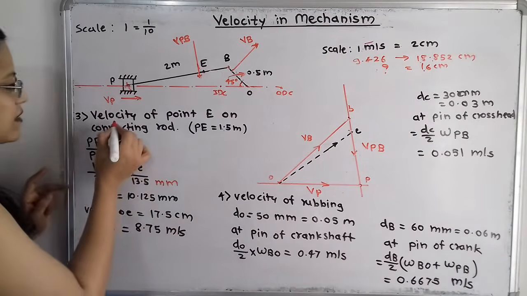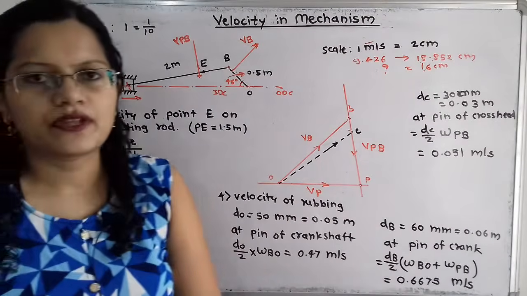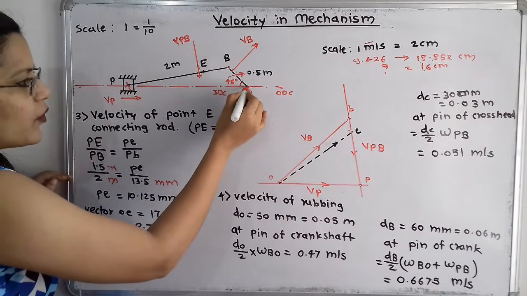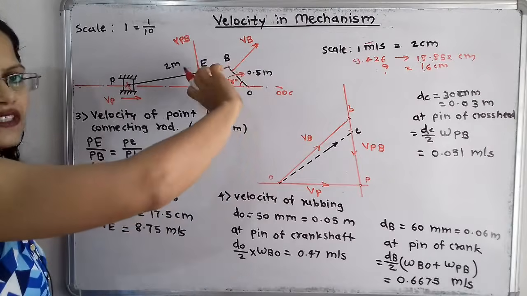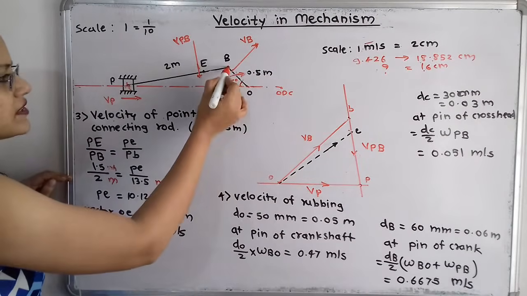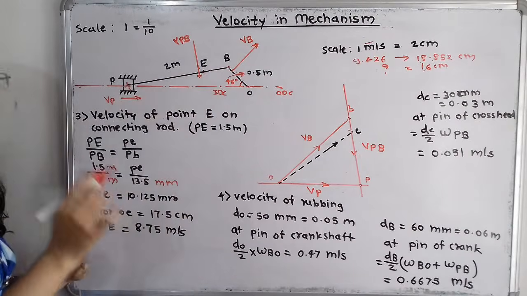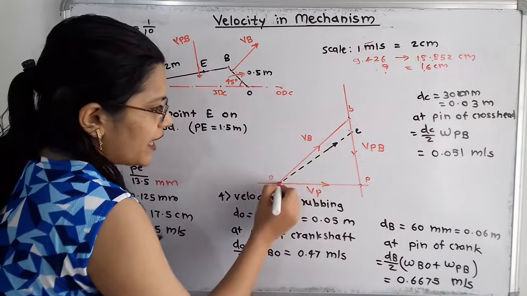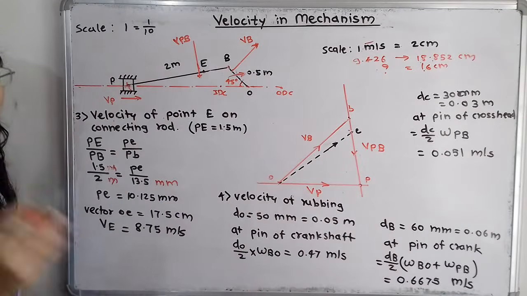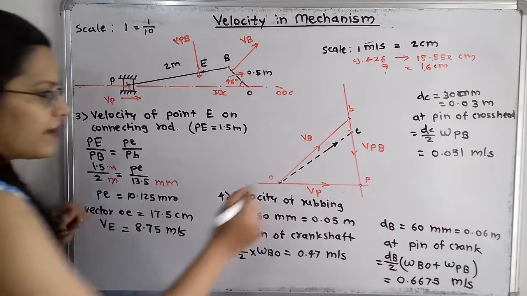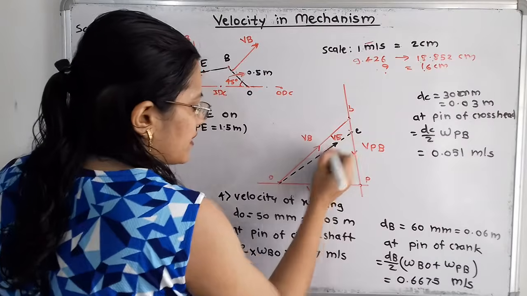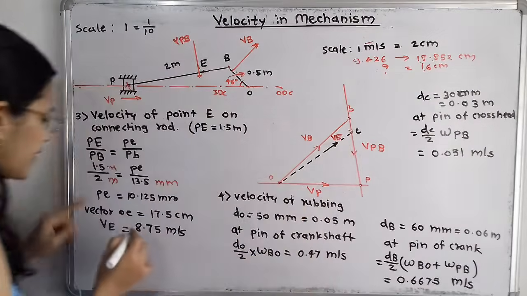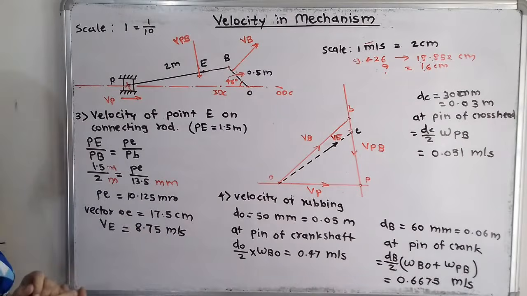Now the question is the velocity of the point E. This point E is on the connecting rod, but the point O is fixed, about which the crank is rotated, which is connected to this connecting rod. So we have to join this point O to E, and this vector will represent the velocity of this point E. So I will say this vector is VE, and the direction is from O towards E. If we measure this vector OE, it is 17.5 centimeter.